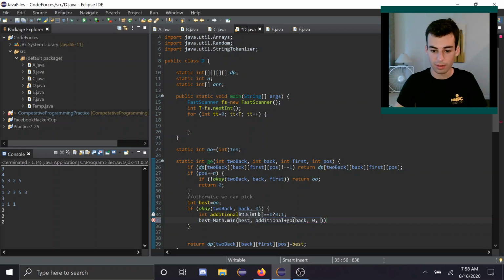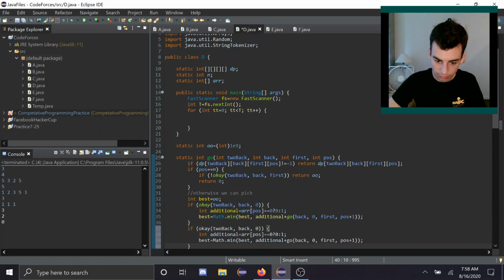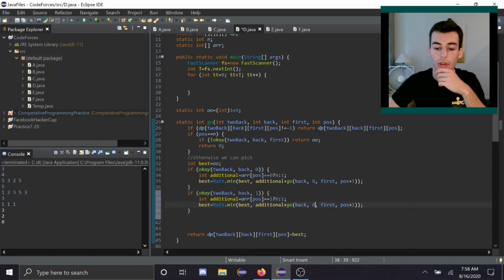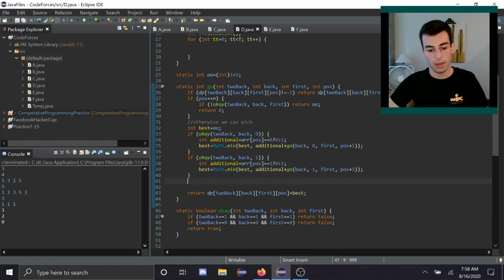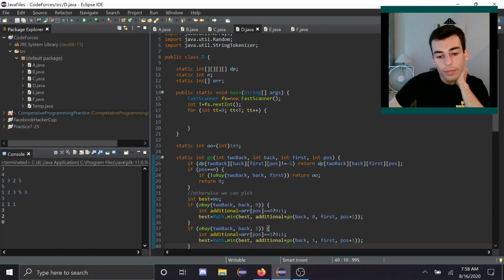What I currently have, and then first position plus 1. Well, okay. We can place a 1 here. Okay, 0 if it's already 1, 1 otherwise, so 1 in this position. And then I think we're good. Okay.